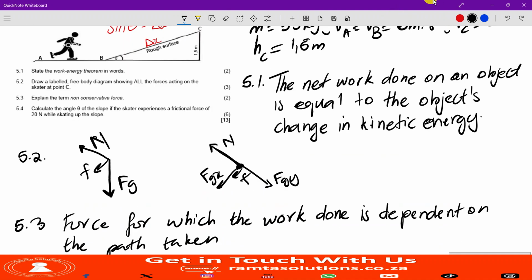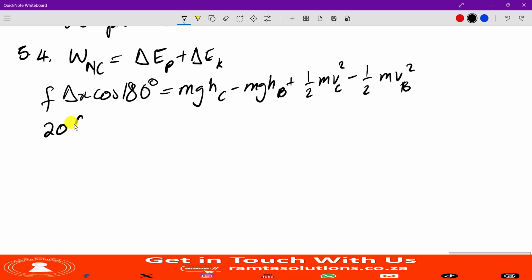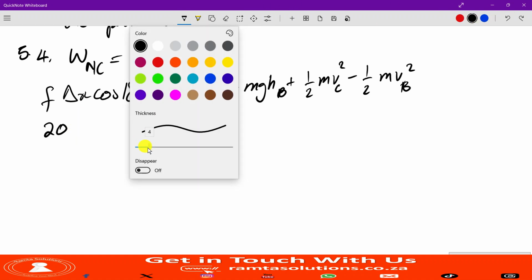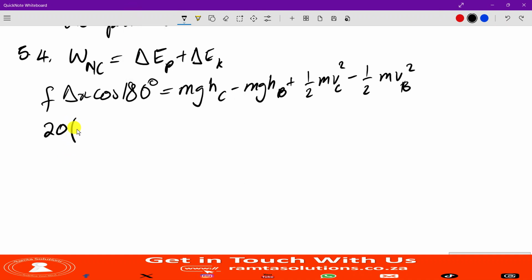Now, where there's delta x, we write 1.5 over sine theta. Let me just say minus, because it was 180 degrees, cos 180 degrees. Equals, what was the mass of the object? It was 53.